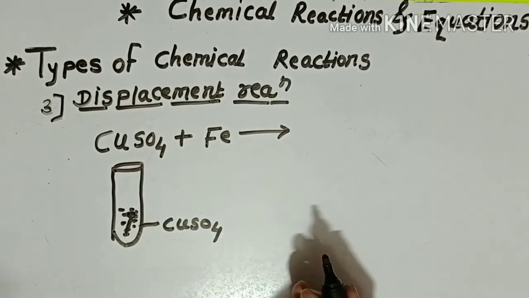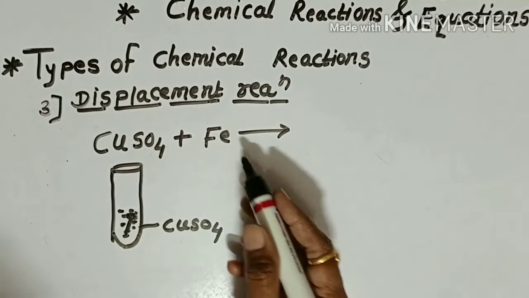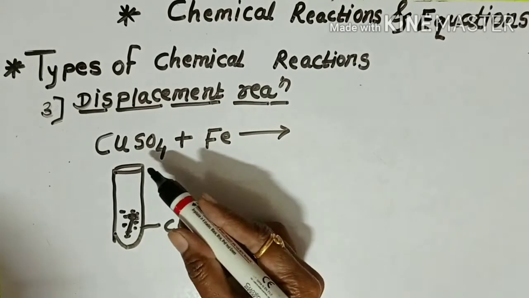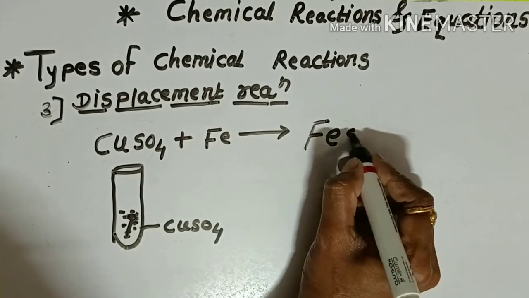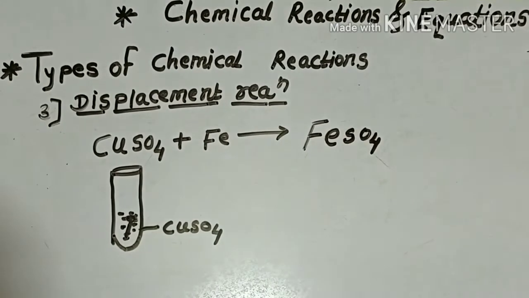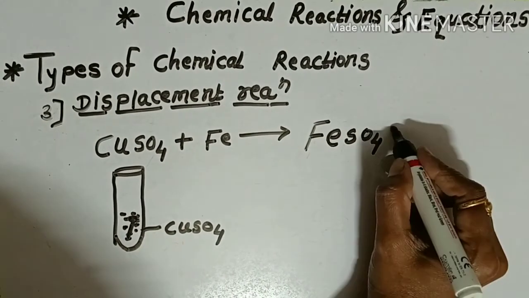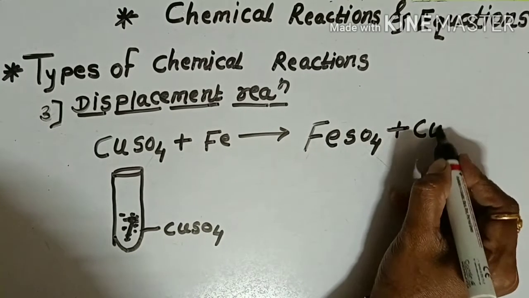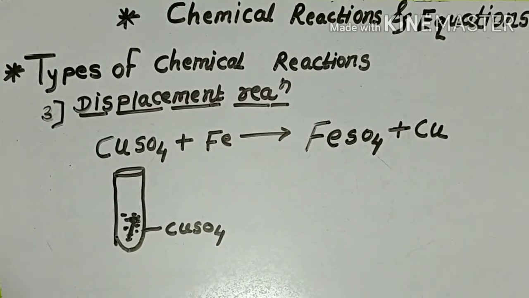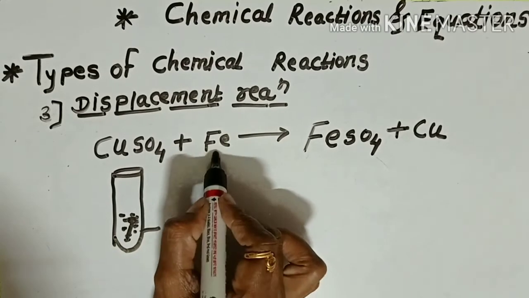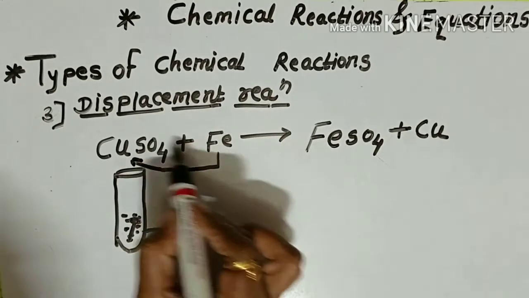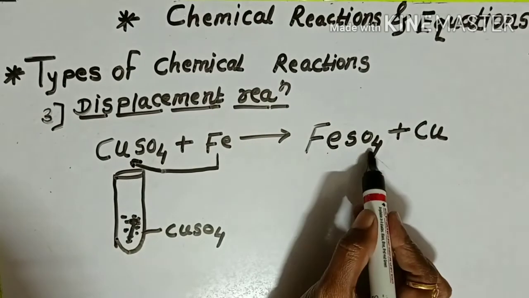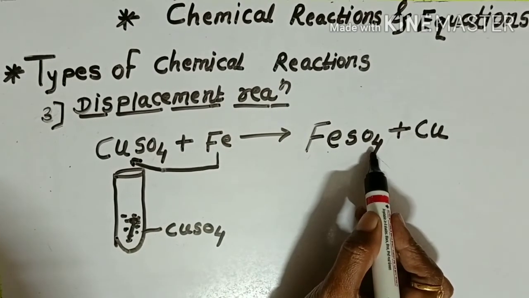What will happen? After the combination of these two reactants, there is a formation of new products, that is FeSO4, iron sulfate, plus copper. What happens here is that iron takes the place of copper, and there is a formation of iron sulfate.